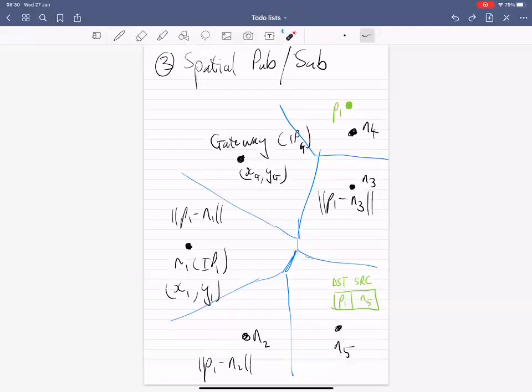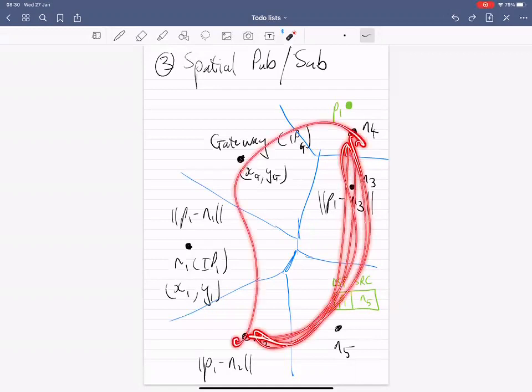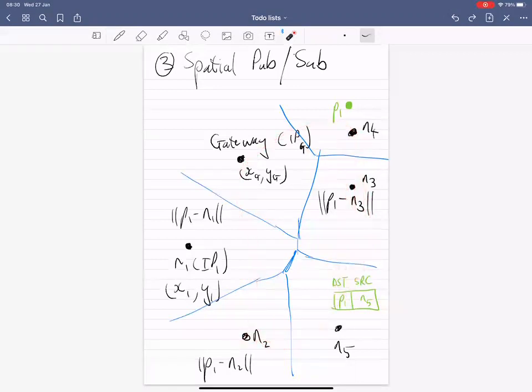But then once that's working, you're going to have to take into account how you handle failures. What happens when there's an error in the Voronoi network? How do you reroute along a different path and things like that? Okay. Does that make sense?